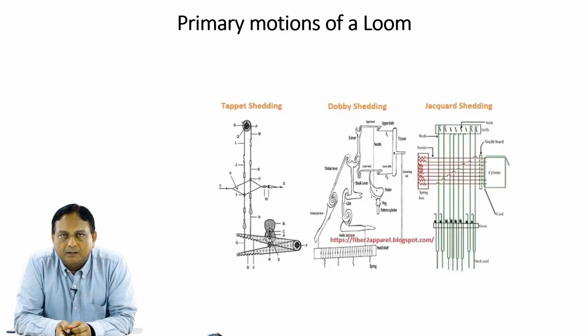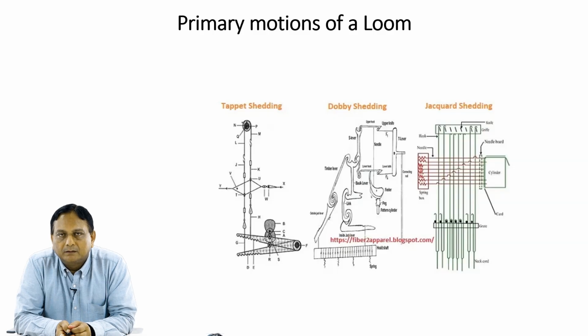As we can see in this figure, we can easily understand the different types of shedding depending upon the motions. Number one is the tappet shedding, where a cam is working. Depending upon the cam's movement, the tappet movement, the heddle shafts move to and fro, up and down.